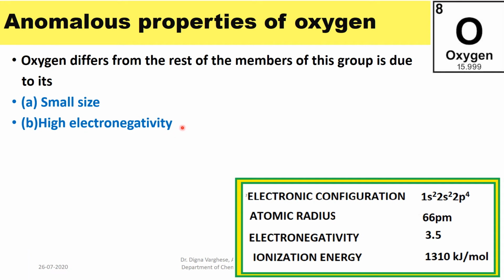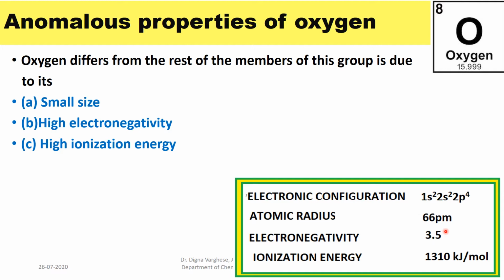High electronegativity. The electronegativity value is high, 3.5. It is the second most electronegative element among all the elements in the periodic table. We know the first element is fluorine. It has the highest electronegativity value, that is 4.